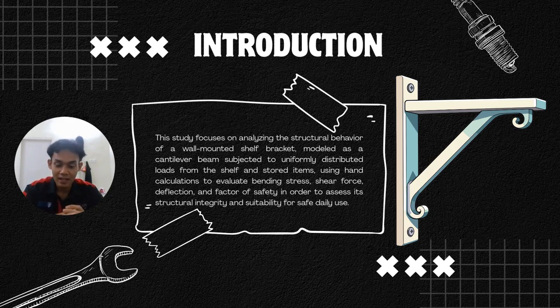These parameters are important to determine whether the bracket can safely support the load without failure. The main objective of this study is to assess the structural integrity of the shelf bracket and to ensure its suitability for safe daily use.